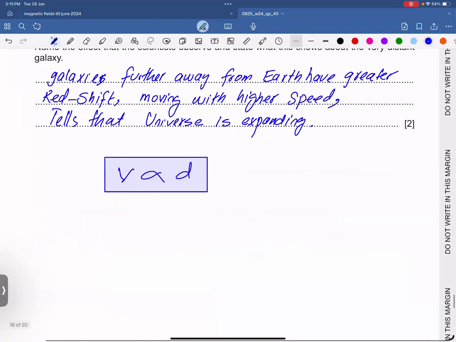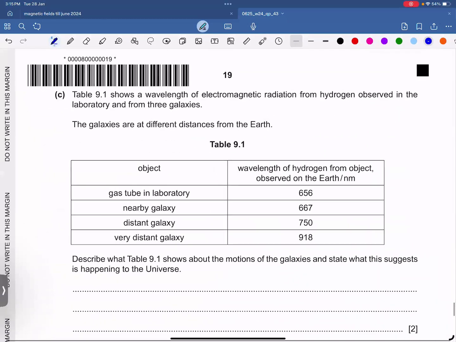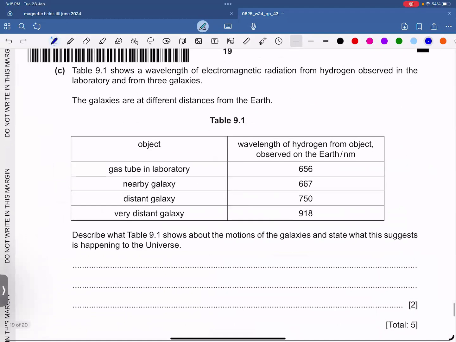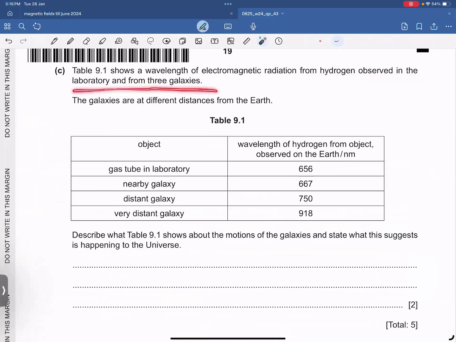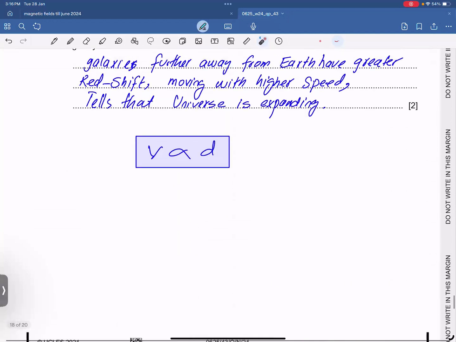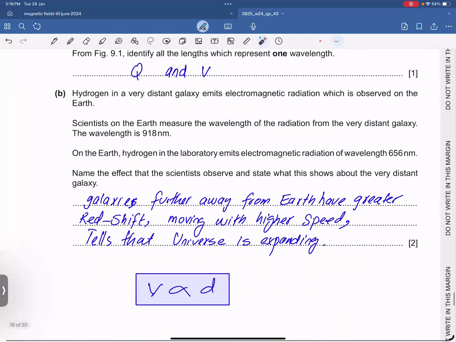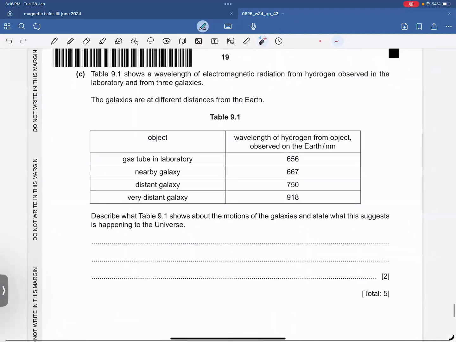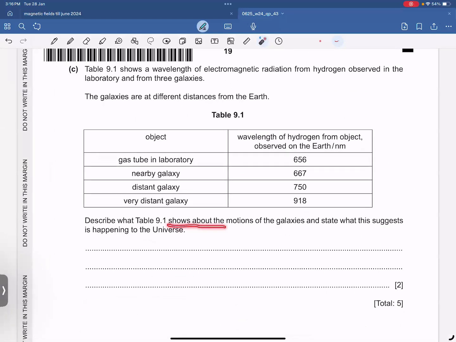Question number 10. Oh, we still have part C. Okay, so C says, figure shows the wavelength of electromagnetic radiation from hydrogen in the laboratory and from 3 galaxies. Describe what the table shows about the motion of the galaxies.